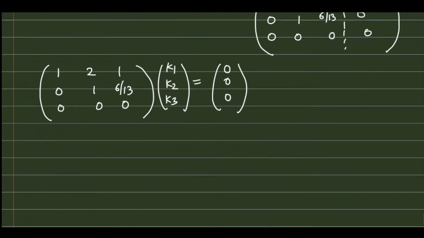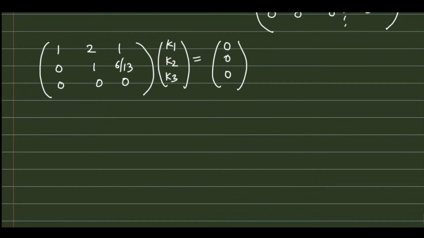If we write the corresponding equations from here, the first equation becomes K1 plus 2K2 plus K3 equal to 0. And the second equation becomes K2 plus 6/13 K3 equal to 0.